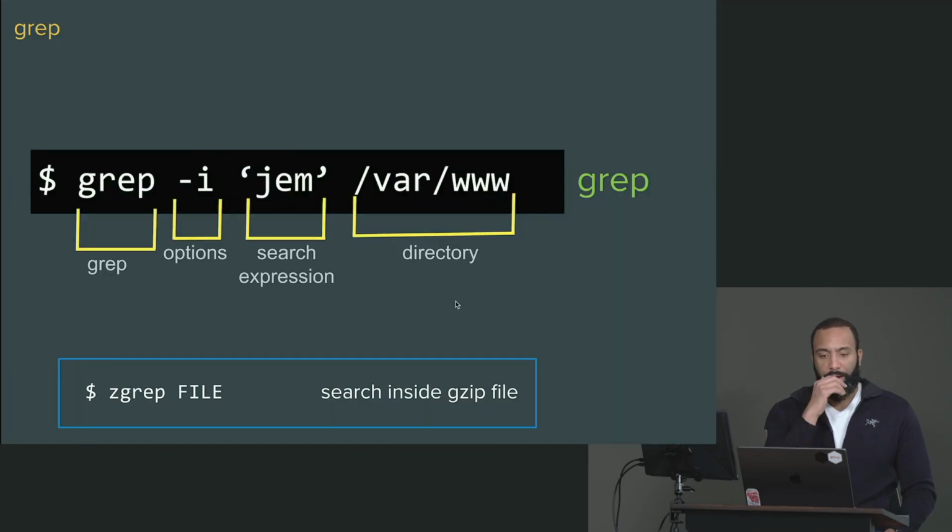So next, we'll try grep. If find is the where something is, grep is looking inside. So find will just give you the files, but grep looks inside the files.